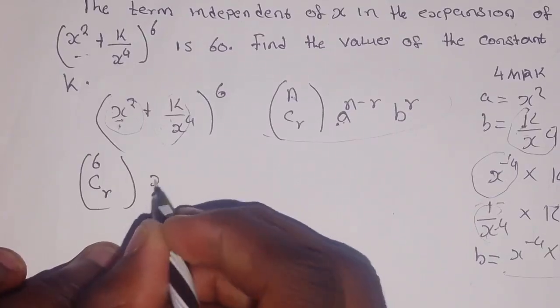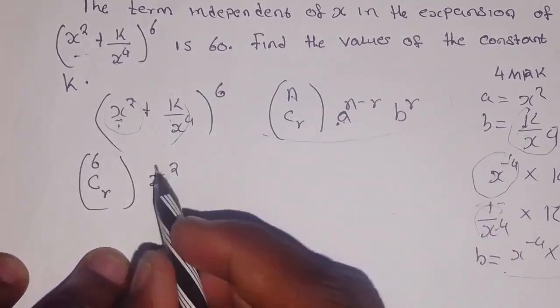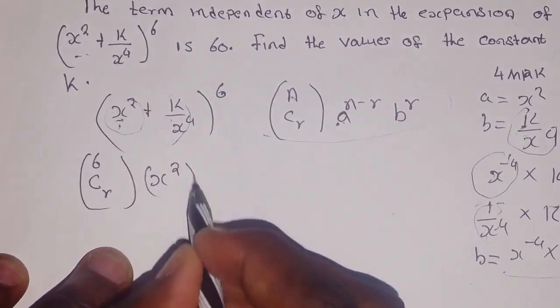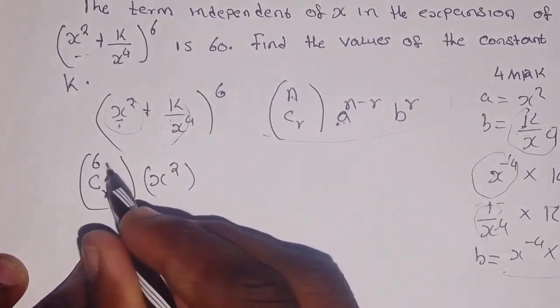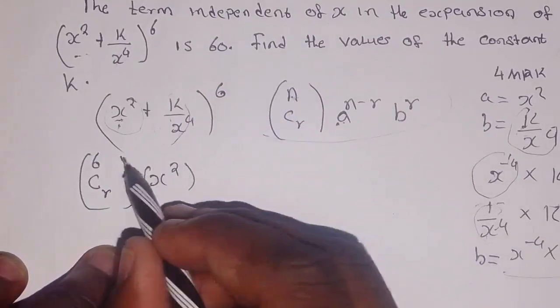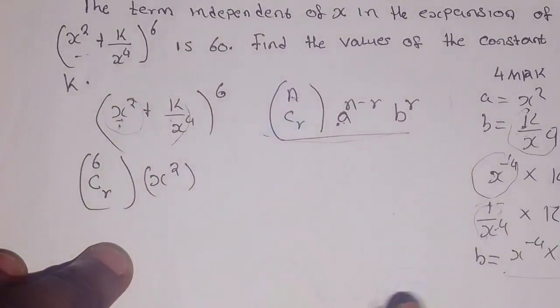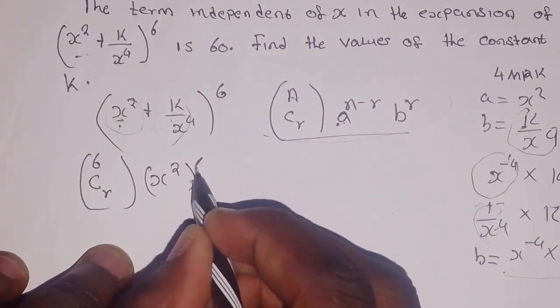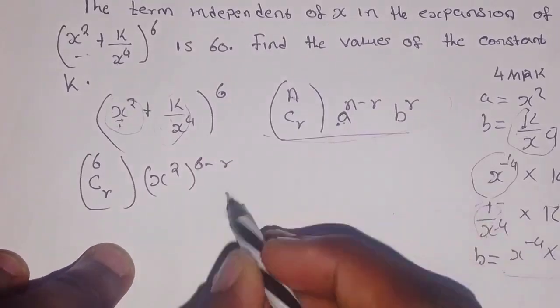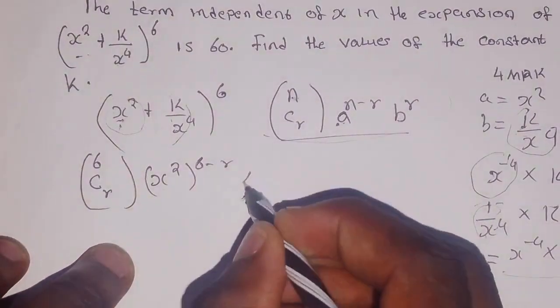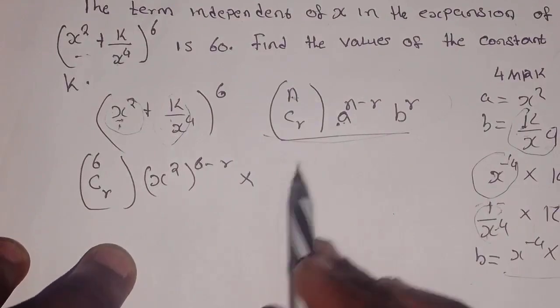So we're going to have x squared to the power n, which we have found to be 6. Our n is 6, so this is the formula that we are just replacing in. Then 6 minus r, which we don't know, multiplied by b to the power r.